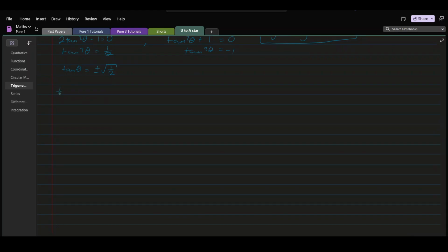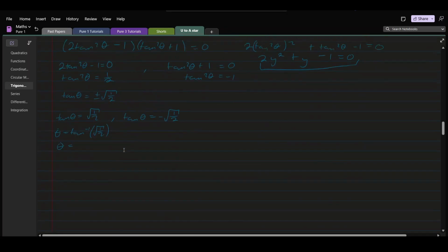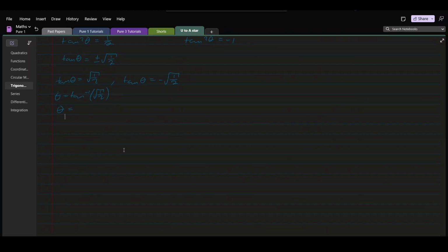Let's write these as two separate equations. So that's tan theta is root half and tan theta is equal to negative root 1 over 2. So theta is arctan of root 1 over 2. Theta is equal to, I believe we're in degrees. Yes, we're in degrees. So let's punch that into a calculator.